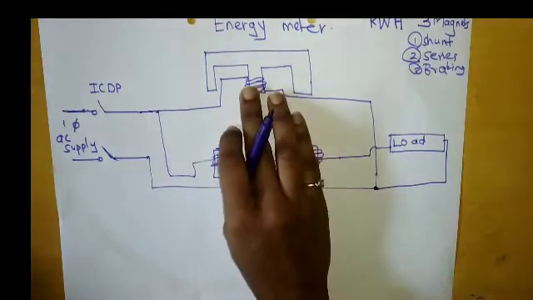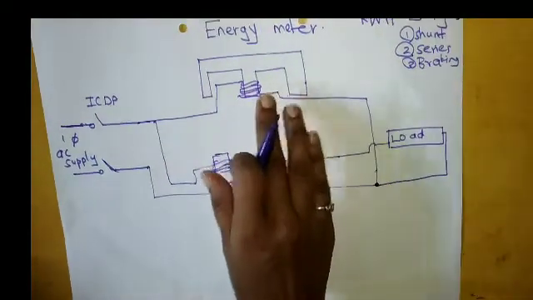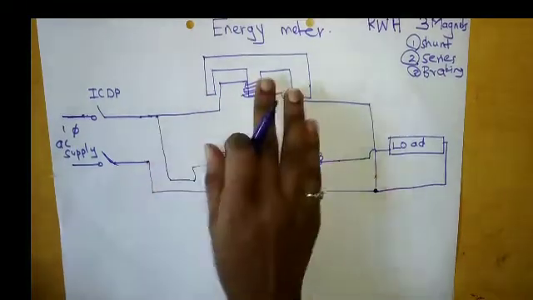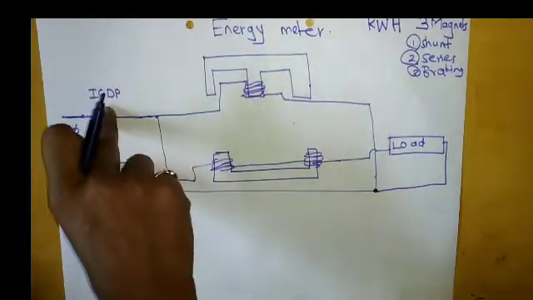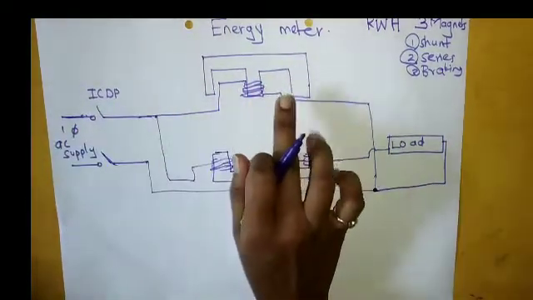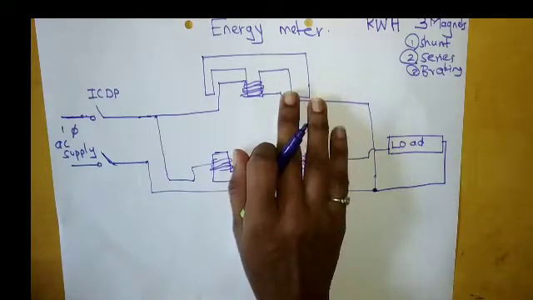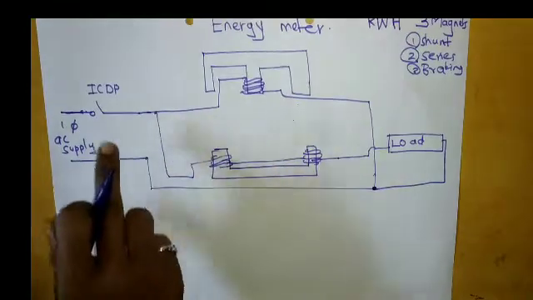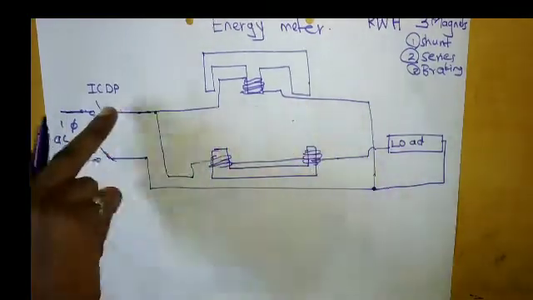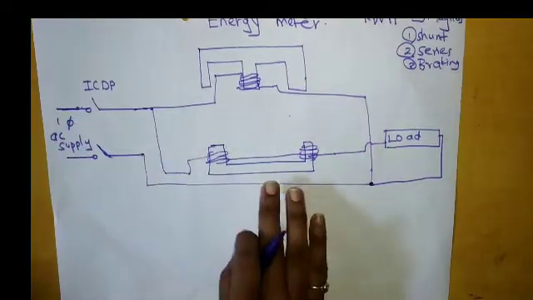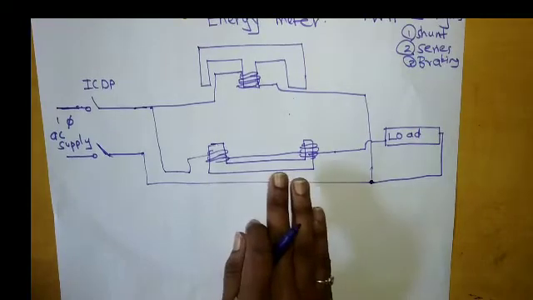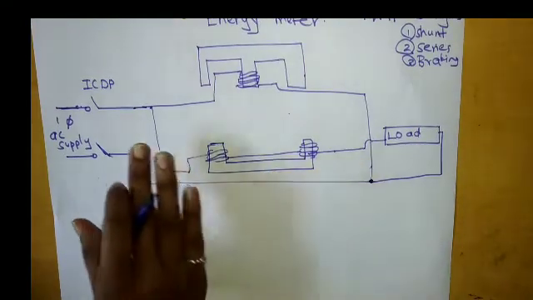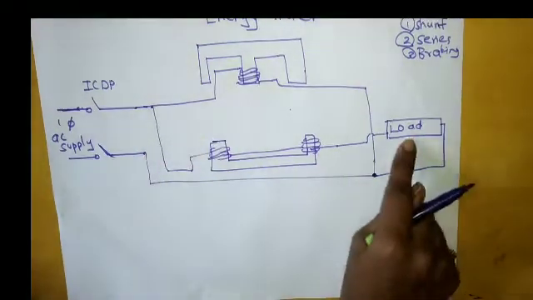The shunt magnet is connected across the supply and carries the current proportional to the voltage. Now this is the series magnet. The series magnet is connected in series with the supply and carries the load current.